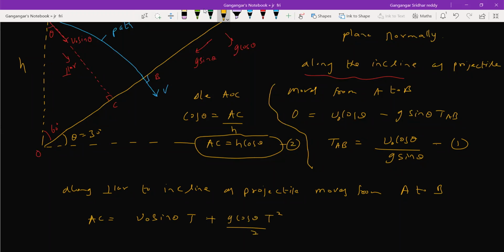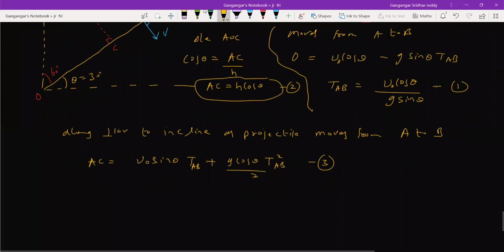Substitute the value of t AB. Put 2 and 1 in equation 3. Then we'll get the required answer for u naught. Put 1 and 2 in 3.